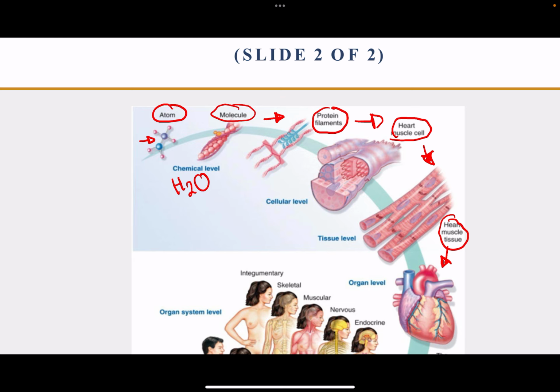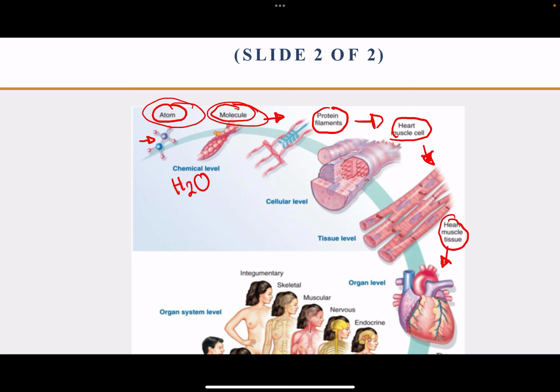Maybe I don't even need a protein filament. So then I'm going to gather other molecules to create a completely different cell before I start to create an organ. This is at the molecular, even at the anatomical level.